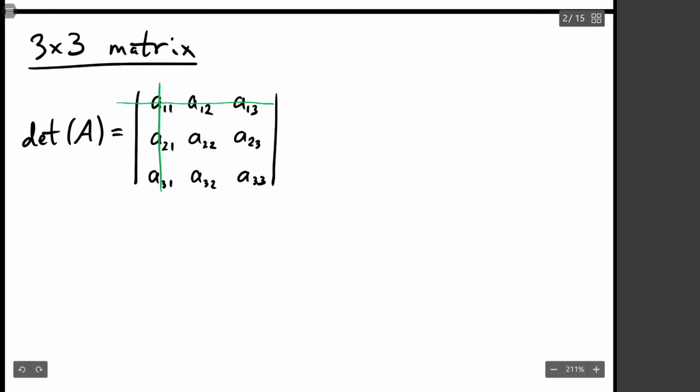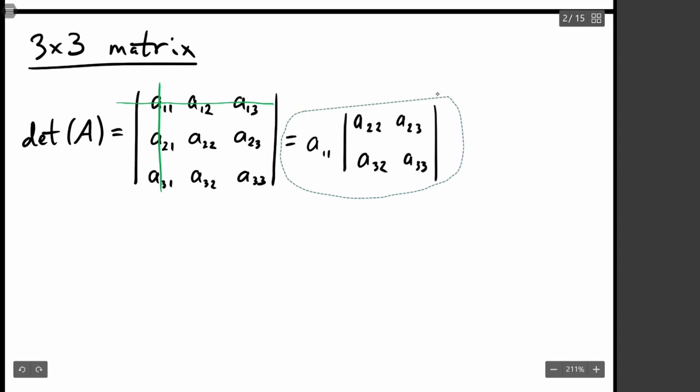And then we write down where these lines cross, which is A11. And then we write down the matrix that's left over, because we're going to take the determinant of that. So this is A22, A23, A32, A33. Looks like we need a bit more room here.